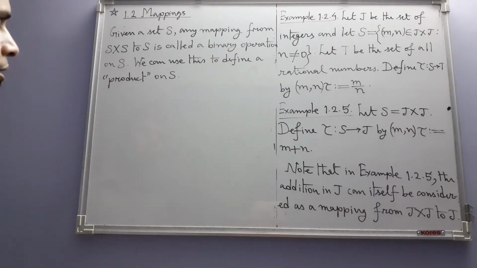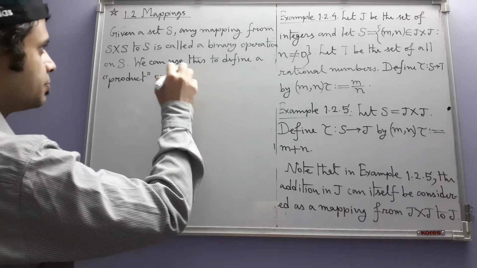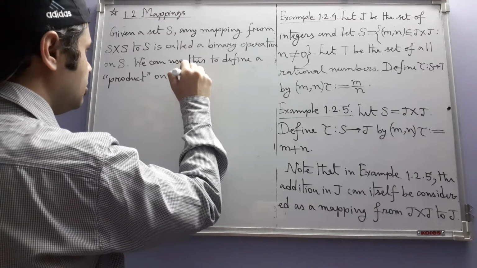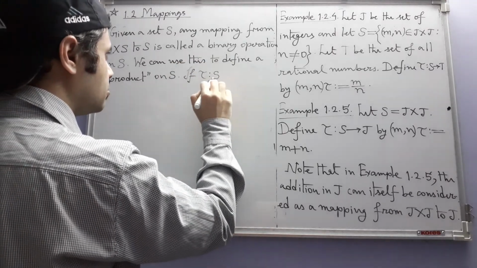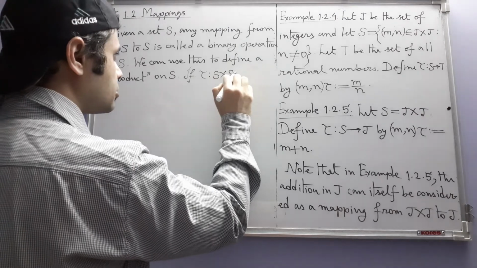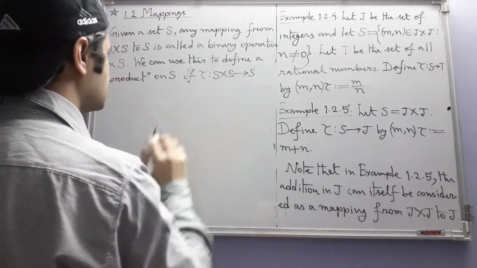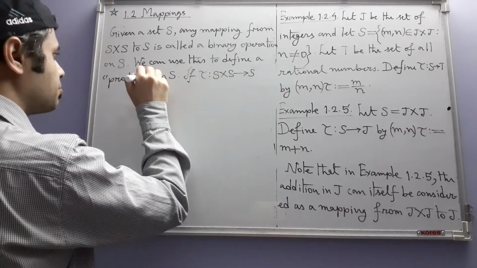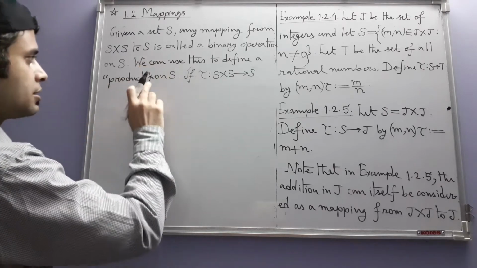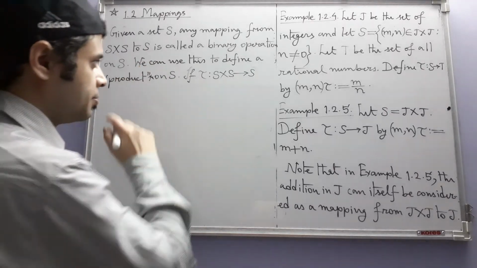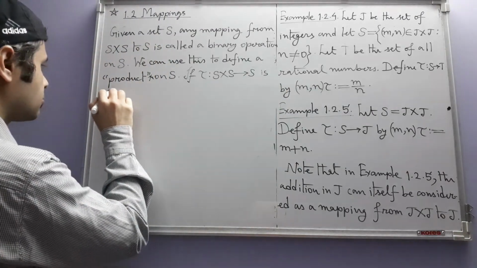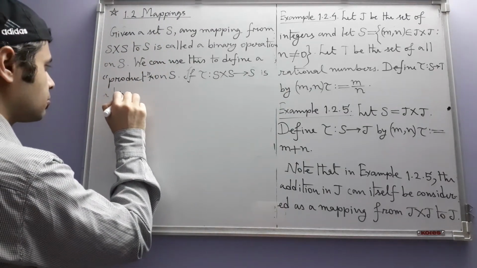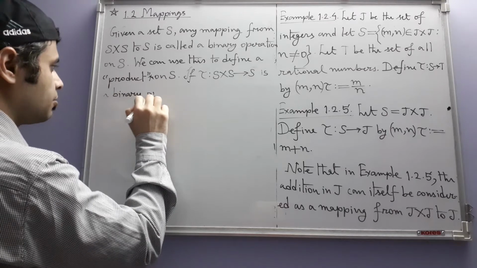It is a product that is just an operation between two elements. If tau from S cross S to S is a binary operation, the product can be denoted by a symbol star, say.